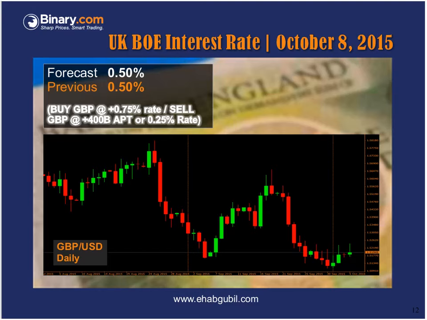So if they increase the APT to 400 billions or more, and you missed the sell entry or down trade or option, I would suggest to buy the pound instead at support.